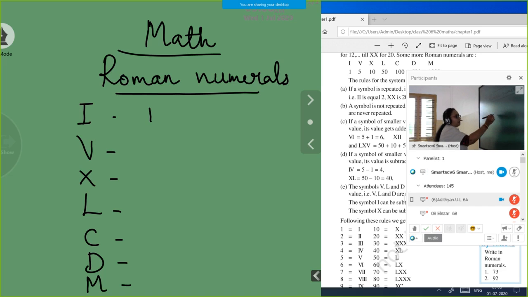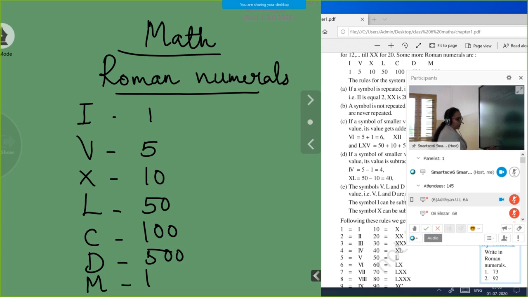I means 1, V means 5, X means 10, L means 50, C means 100, D means 500, and M means 1000. The Roman people used only these letters to represent the numbers.